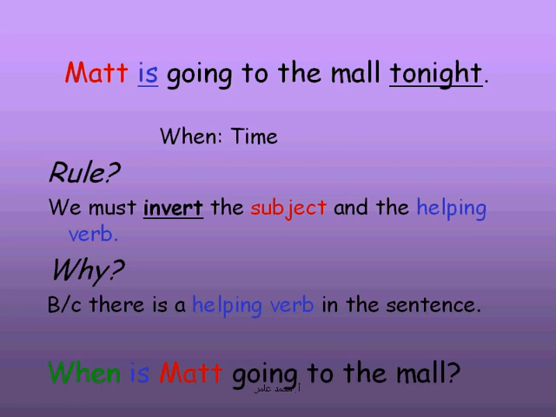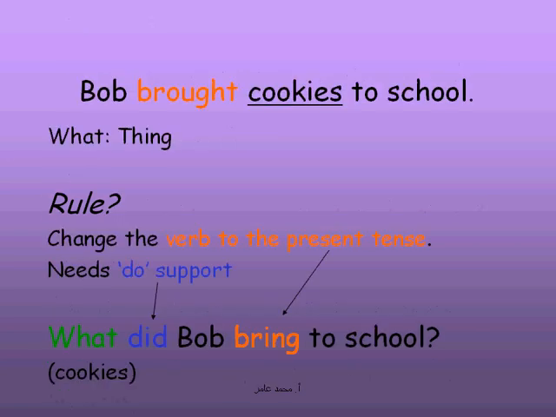When is Matt going to the mall? The answer is tonight. Here, Matt is the subject and is the helping verb. Notice we have to make the inversion. We use the helping verb is before the subject Matt.